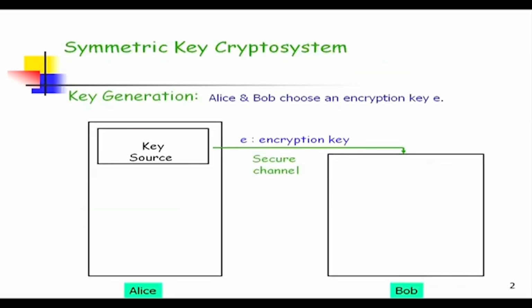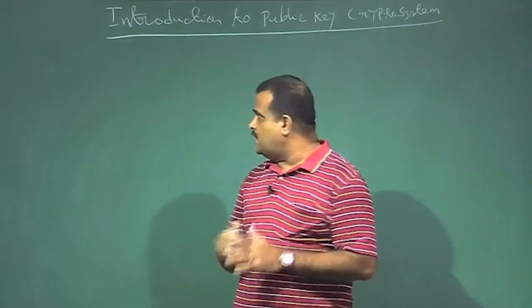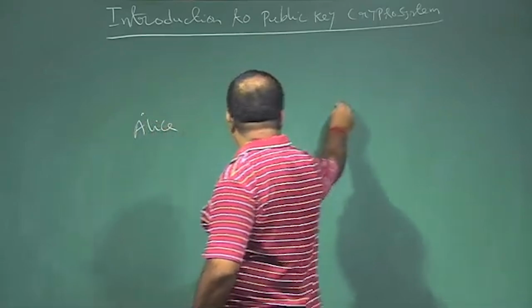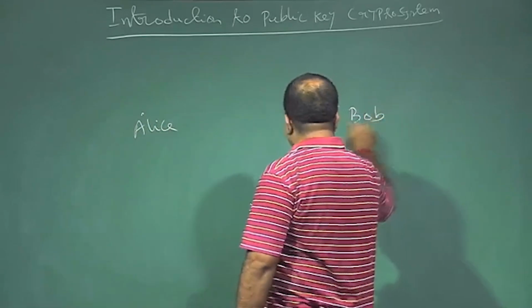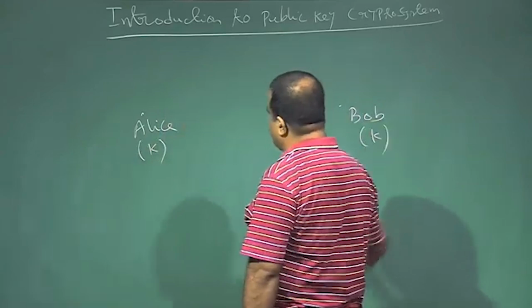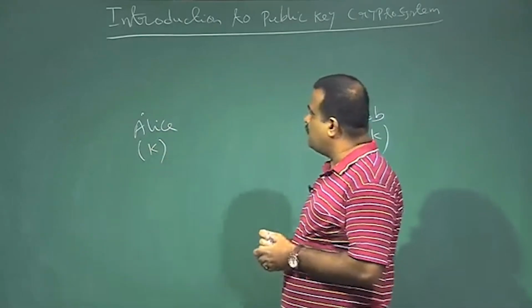So far we have discussed what is called the symmetric key or the private key crypto system. In the symmetric key, Alice and Bob use a common key, which is called the secret key shared between Alice and Bob.